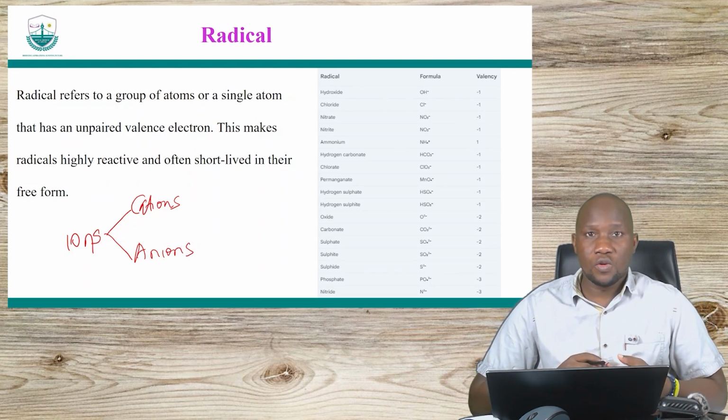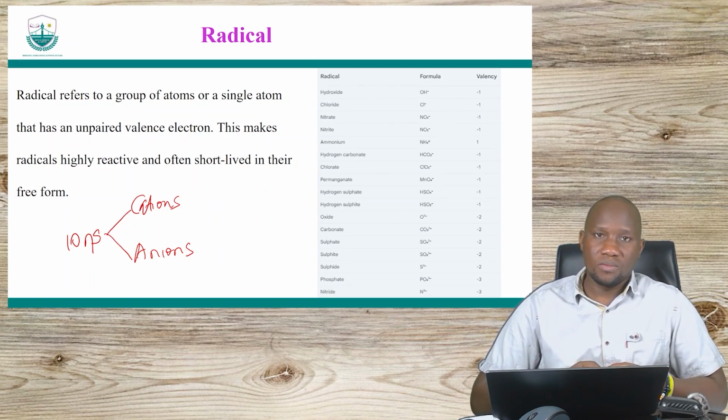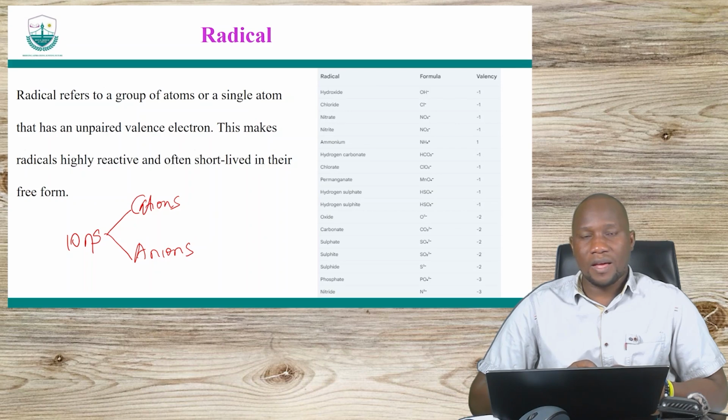Please note that radicals are groups of atoms or atoms that have unpaired electrons. Remember, when you have unpaired electrons, usually the element is unstable. It basically looks for other electrons to pair with so that it becomes stable. That's why radicals are very reactive. They are highly reactive because of that.